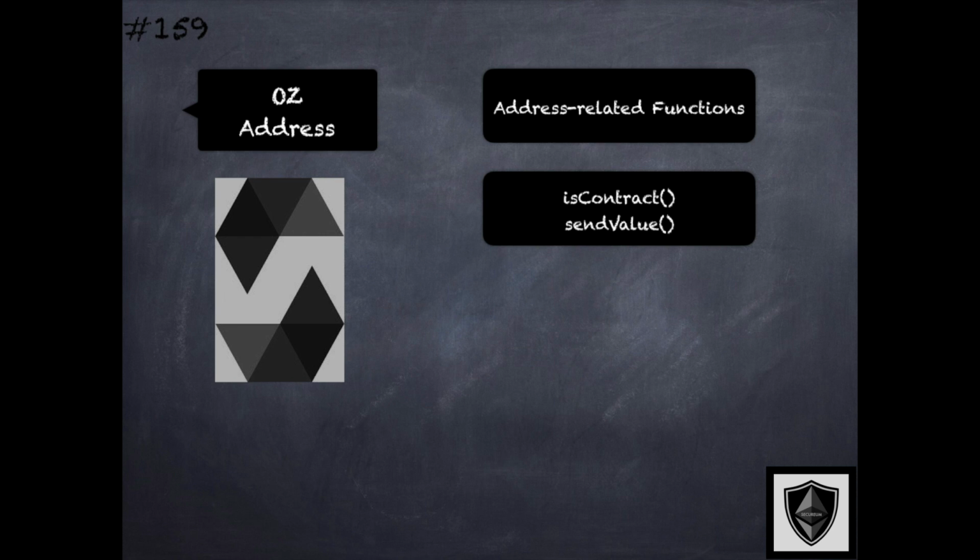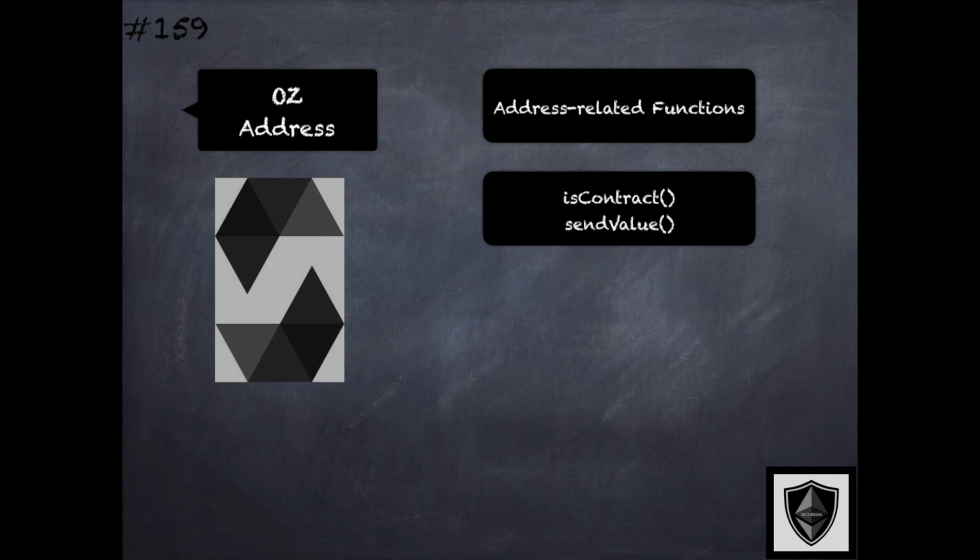Now this has a drawback that if the gas cost of certain opcodes increases over time, then the 2300 subsidy is not going to be sufficient for some of the logic that would be implemented within the fallback function of that contract. So the sendValue function removes this 2300 limitation and forwards all the available gas to the callee contract.